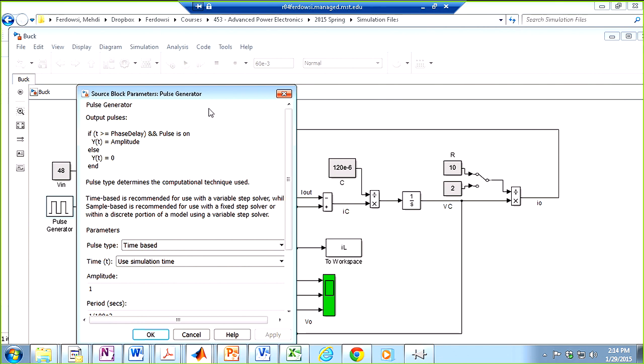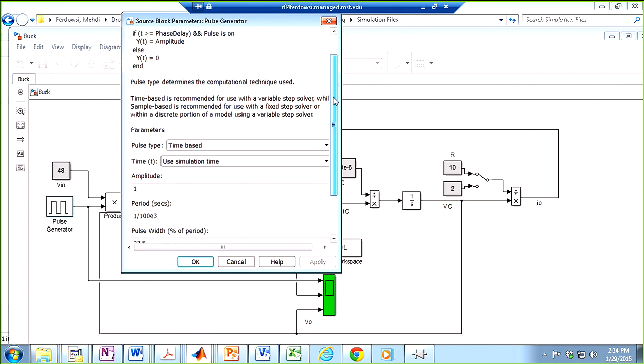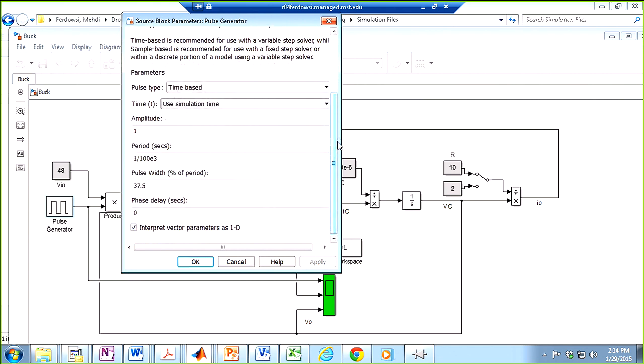The pulse generator, or basically my signal that is applied to the switch, has an amplitude of 1, so it's jumping between 0 and 1. It has a switching period. So remember, for Simulink, you have to introduce the period instead of frequency. So I just do 1 over 100,000.